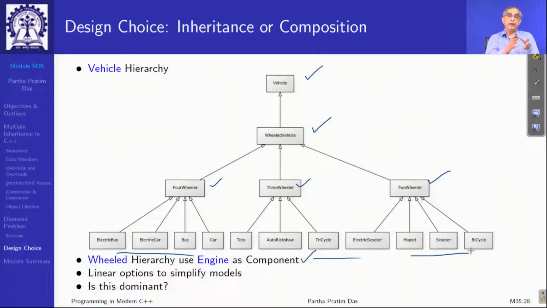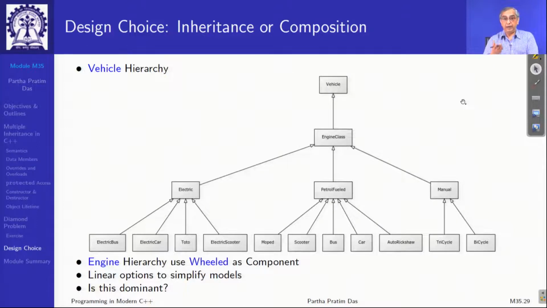So, what I am doing is, instead of doing is-a for both, I am doing is-a for wheeled and I am doing has-a for the engine component. So, this is a design style which often is used instead of using the complications of multiple inheritance.